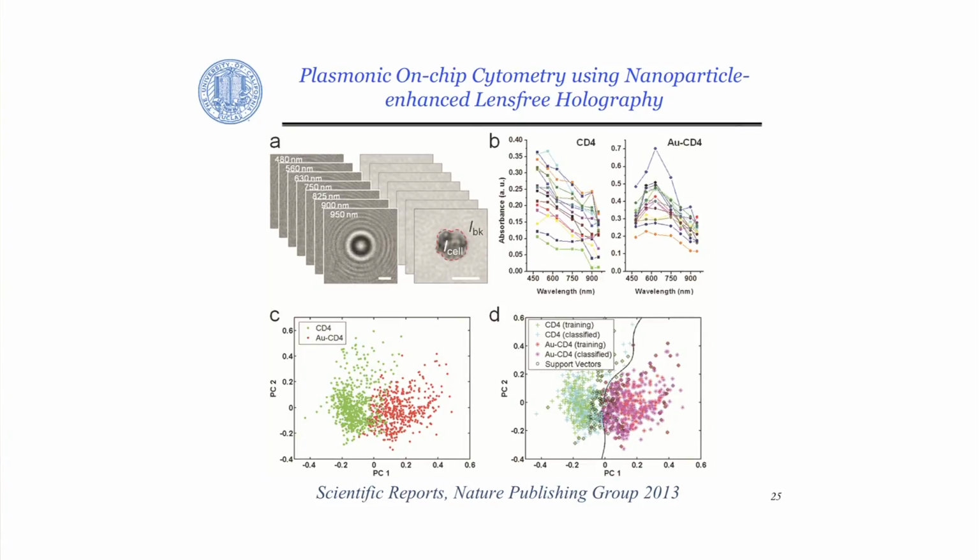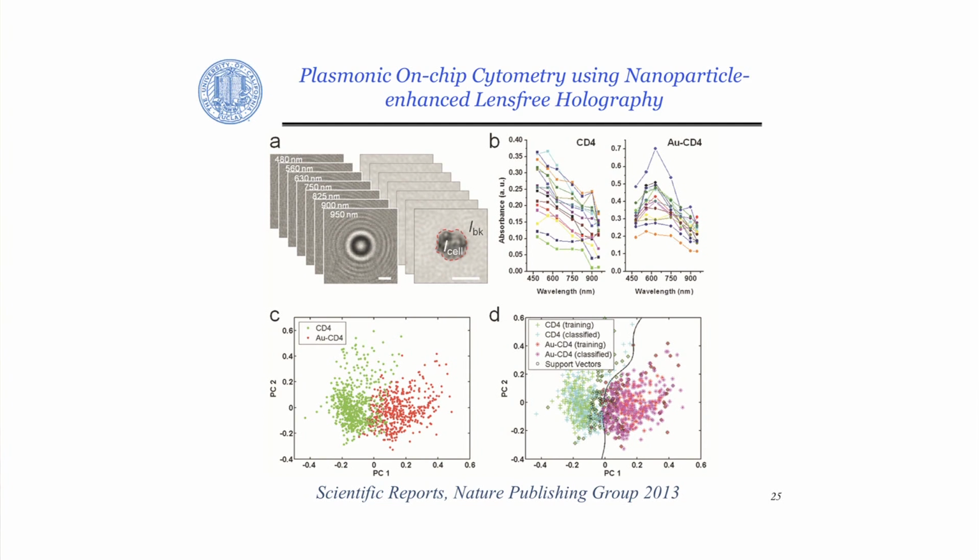There are different versions of the same technology. You can even use nanoparticles, plasmonic metallic nanoparticles, to specifically label different cells, and then their shadows are modulated. So in this example, we're looking at the same problem of CD4 to CD8 differentiation, but this time using gold and silver nanoparticles.